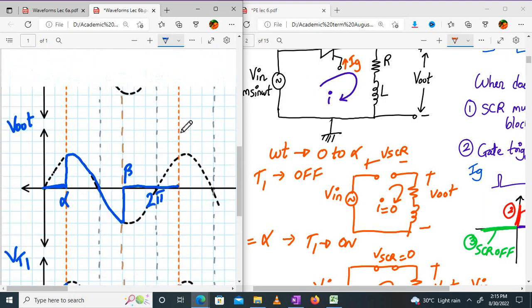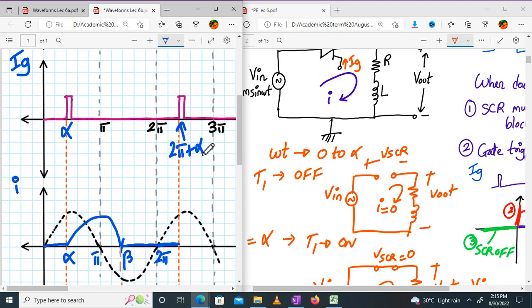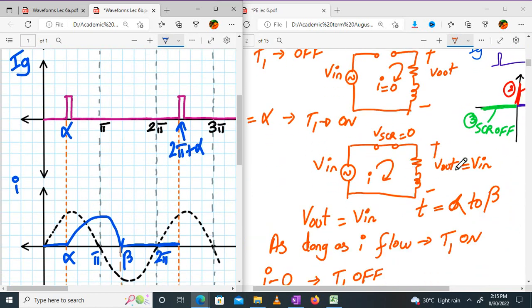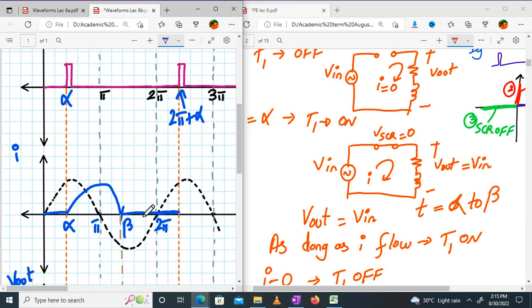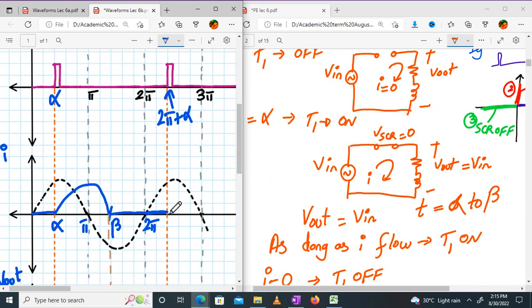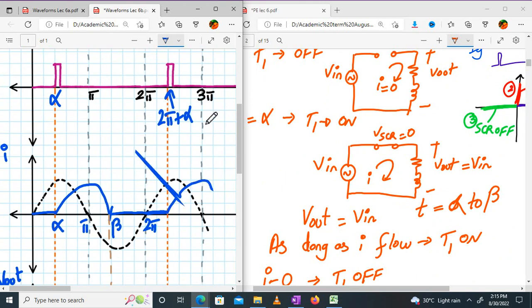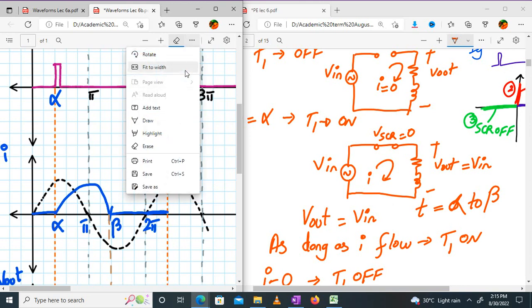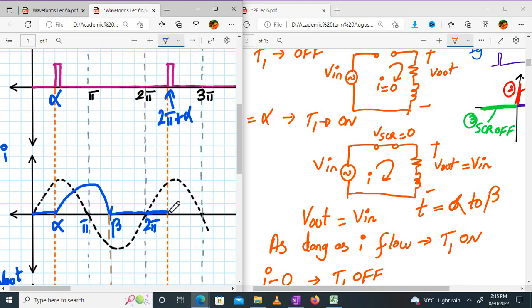And now I apply a trigger pulse at 2 pi plus alpha. Now again my SCR will turn on. When the SCR turns on, my current will start flowing. So till where will the current go? Yes, it will go till 2 pi plus beta, somewhere around here.